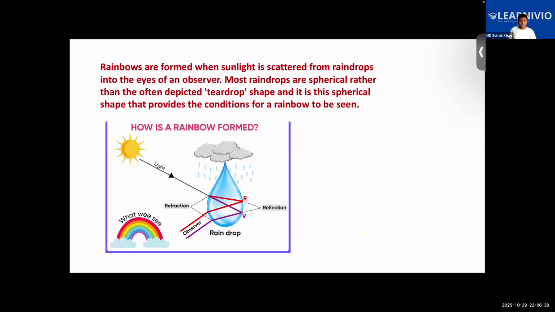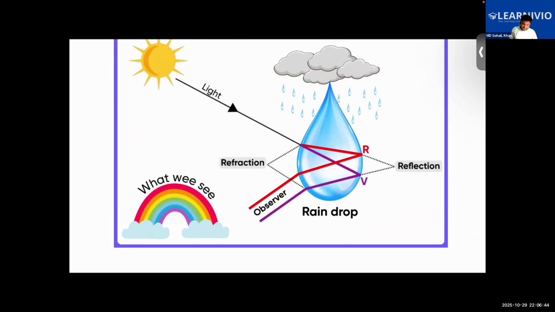Okay, see. So the sunlight is first of all refracted. You guys will notice here when the sunlight is passing through it, it is bending. Right now, when sunlight is passing through this rain droplet, it refracts. Then it is further dispersed into different colors.